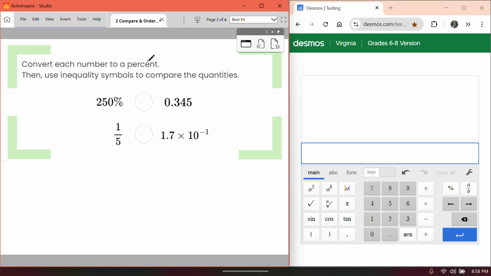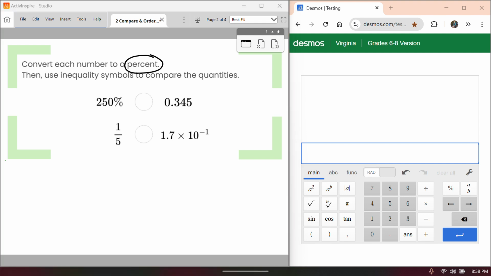We do something a little bit different. We use percentages. So we're going to turn each of these 4 numbers into a percent and then use the less than and greater than symbols to compare them.